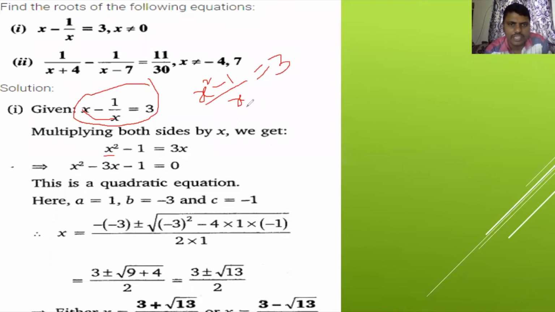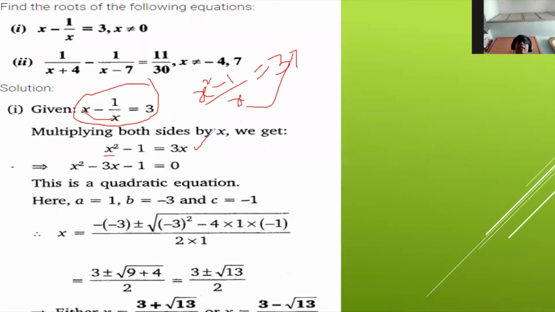So after that, 3 also cross multiply, it will come like this. X square minus 1 is equal to 3x. Farhan, is it clear? Yes, sir. Now, plus 3x, because we have to write in standard form. Standard form means descending order of degrees, all on one side, like x square, transpose 3x this side, minus 3x minus 1 equal to 0.